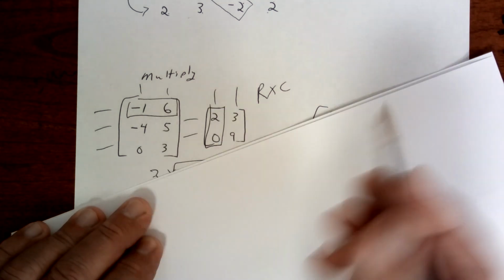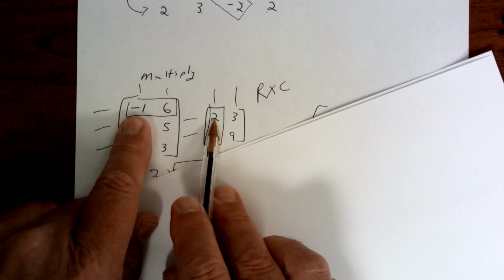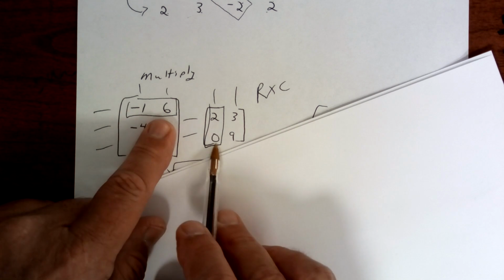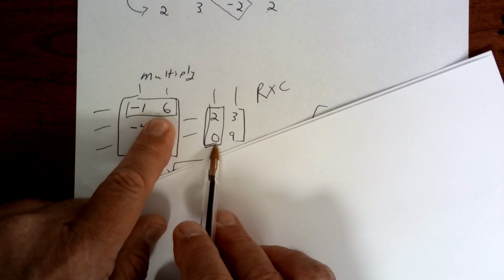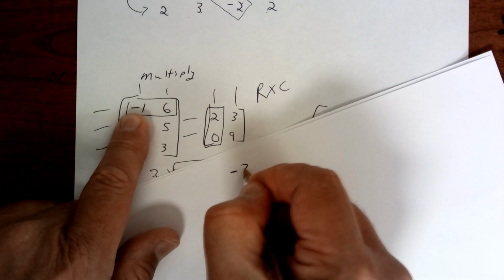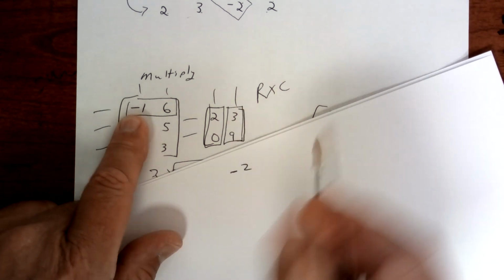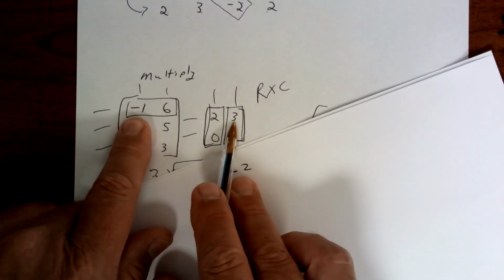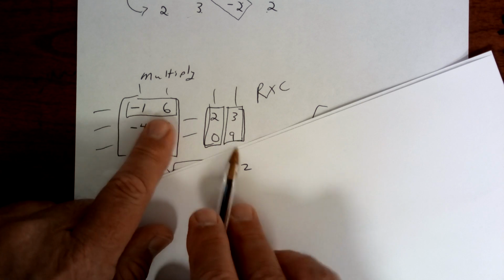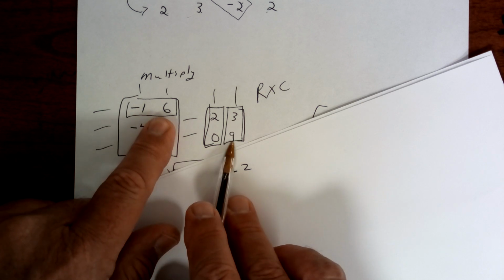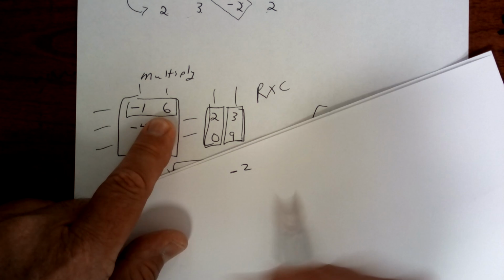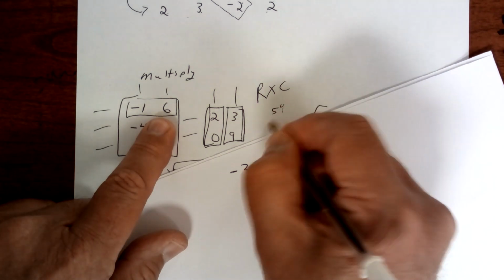Okay? So that gives me a negative 2. This gives me 0, right? 6 times 0. So I get a negative 2. Then I switch to this column. That gives me a negative 3. This gives me 54. So that's 54 minus 3, it looks like 51.